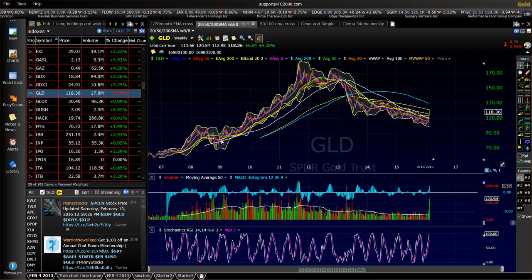So we can see that from 2007 basically, actually, we could start in 2009, we were in a nice uptrend in gold. Okay? And that basically started in 2008, end of 2007.